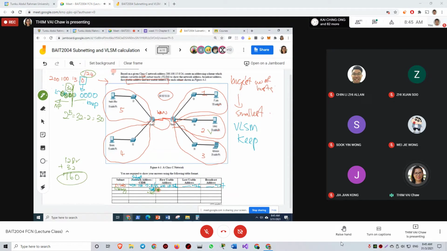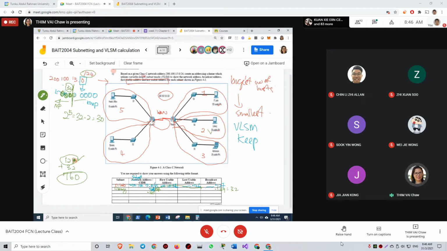From 128 until 159, in total you have 32 addresses. Remember, 128 is already one address. Then you plus 32, it means that this value is a new address for another new subnet.